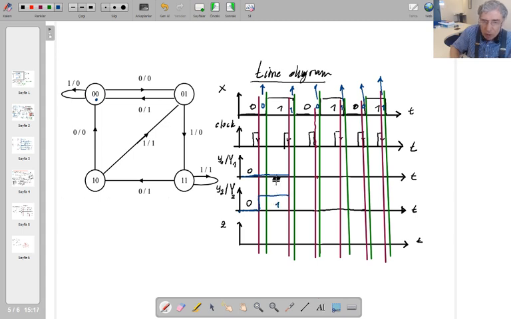If you pay attention, you see now when I have a state change, this change stays as it is until the next clock pulse comes. Why is that? Because we said our memory elements work edge sensitive, on the negative edge.